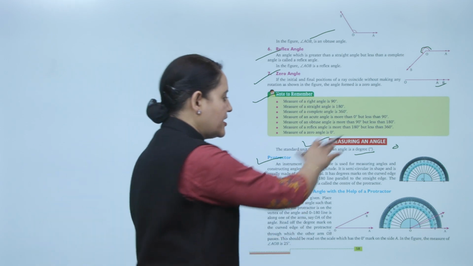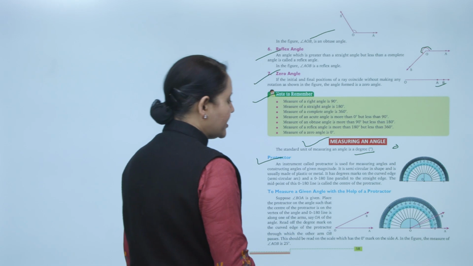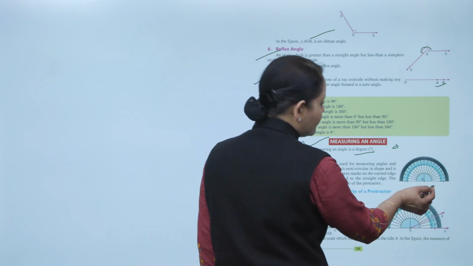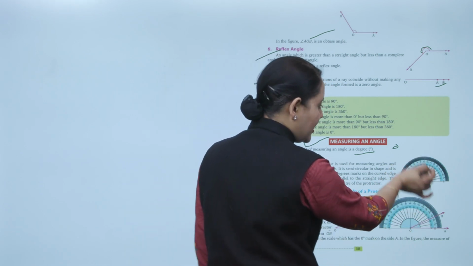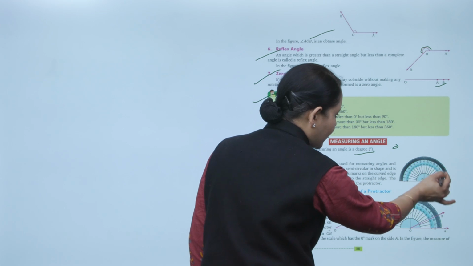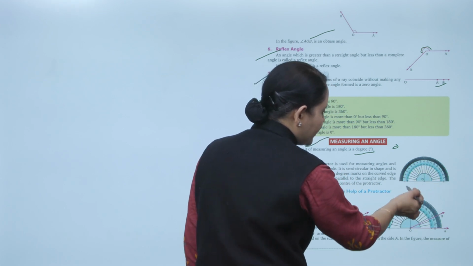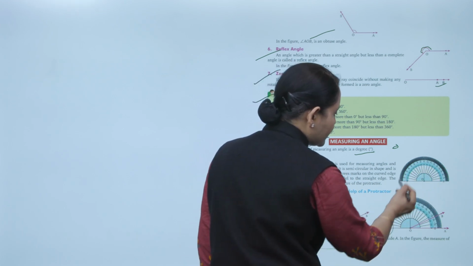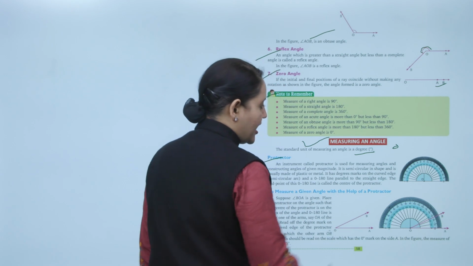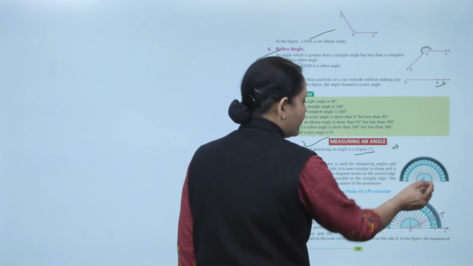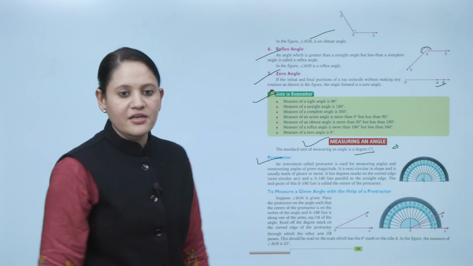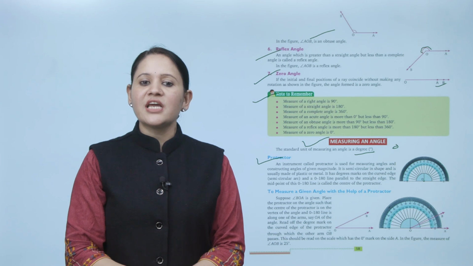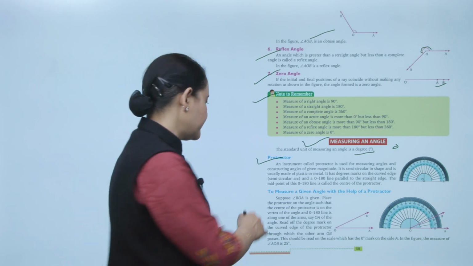This is protractor, semicircular instrument. It has two scales marked, inner scale 0 degree to 180 degree and an outer 0 to 180 like this, and this is the center point of protractor. Clear?